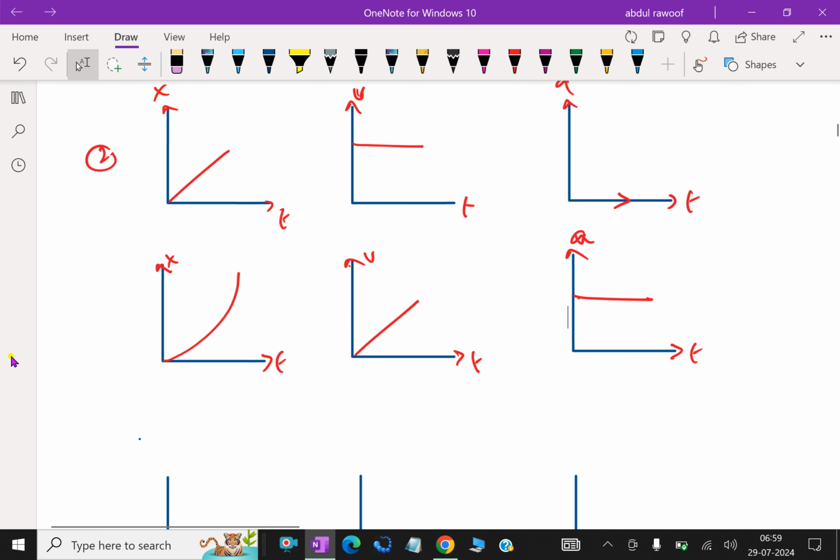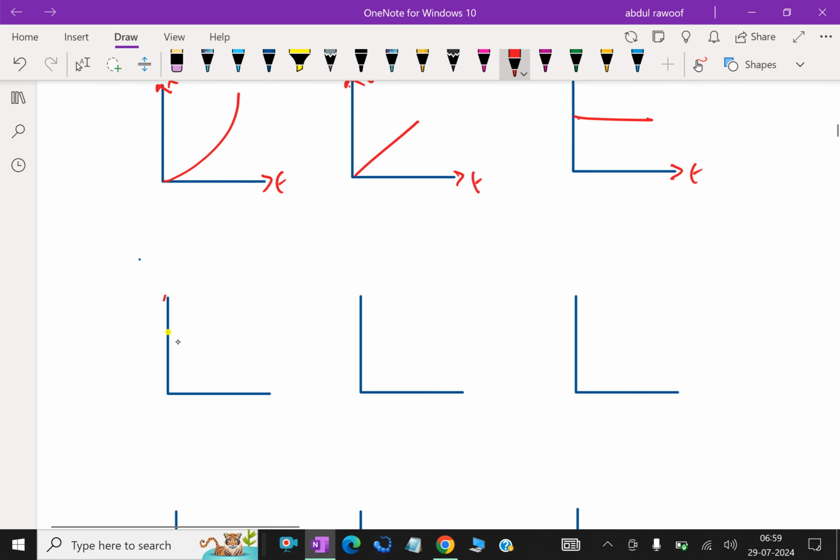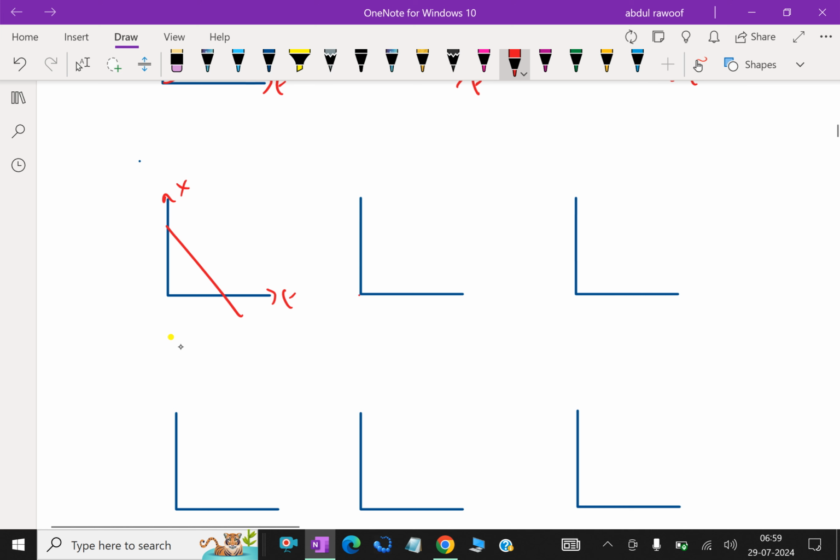Then next one, look at here. It's a negative speed. Here the negative speed is given like this, time versus v, then acceleration versus time.